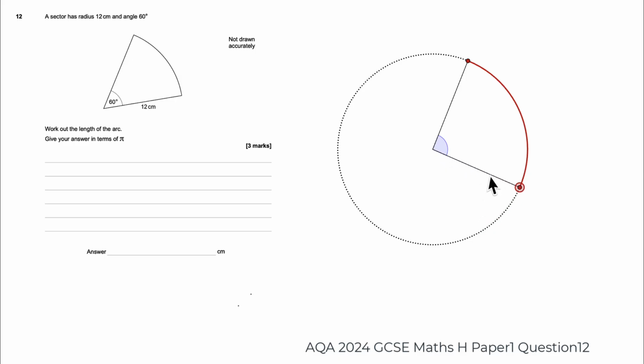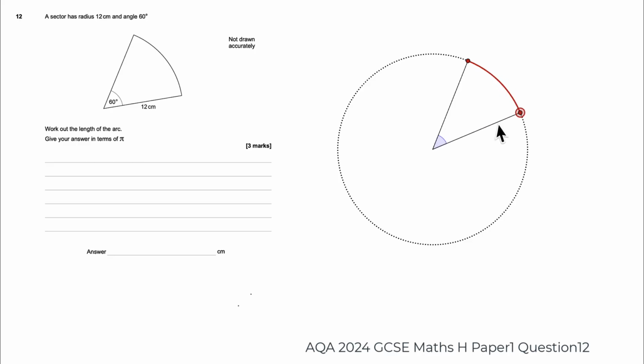Now let's stop off at 90 degrees. 90 over 360 is 1/4, and we're getting 1/4 of the circumference of the circle. 90 compared to 360. And there we've got 0 degrees at the centre.